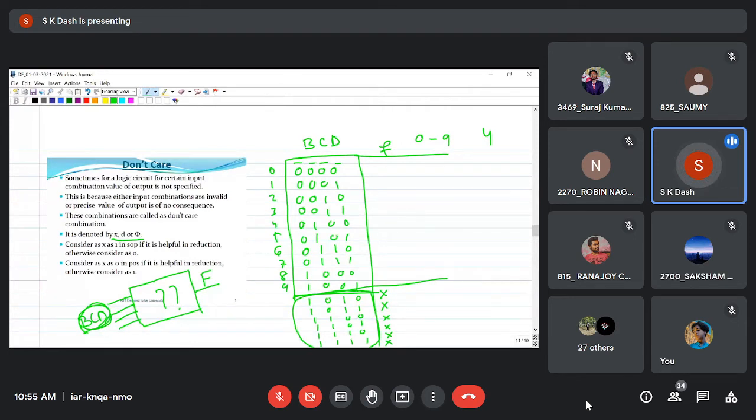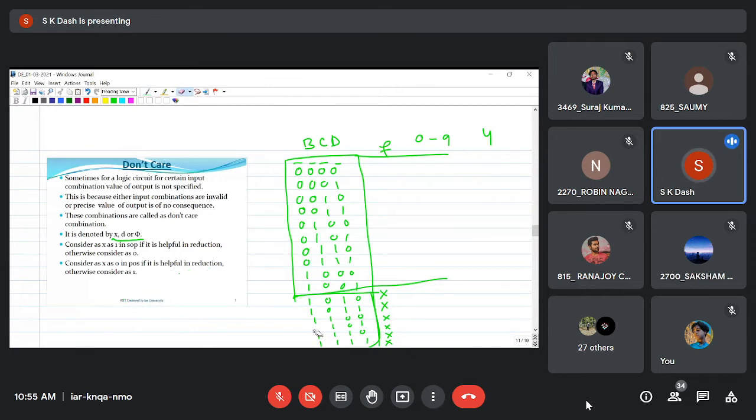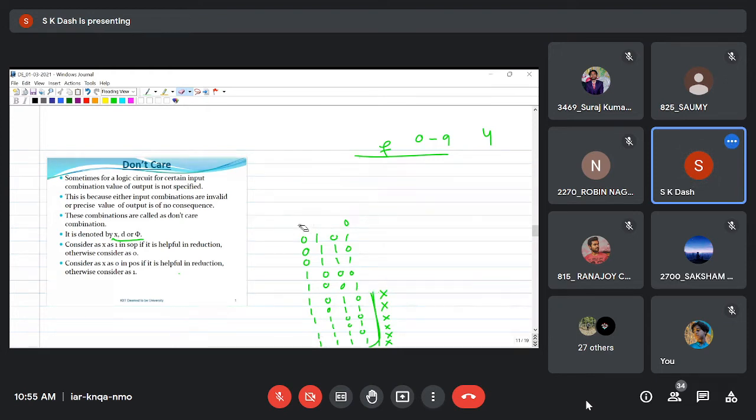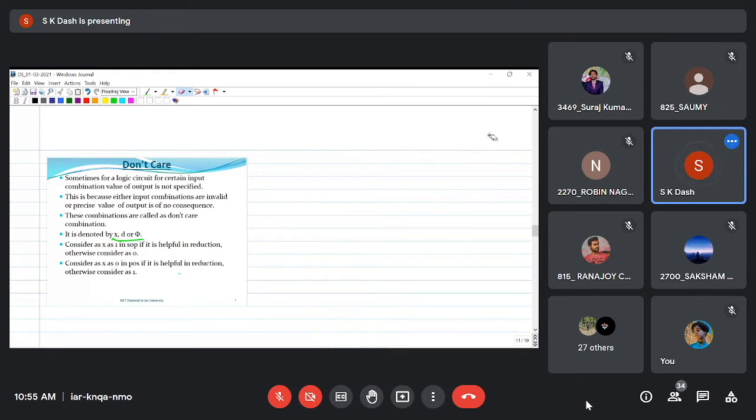Let us try to understand this using another example. Suppose in your hostel or in your house you have three LEDs. What can be the output of an LED? An LED can be on or off. If you switch it on, the LED will be on; if you switch it off, the LED will be off.